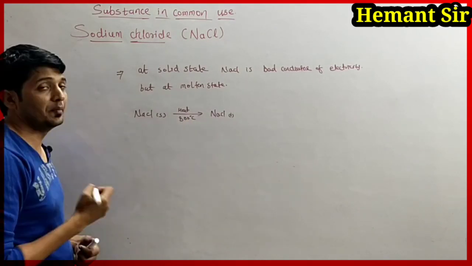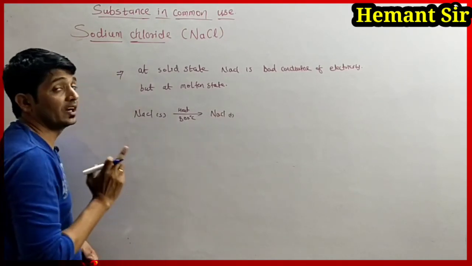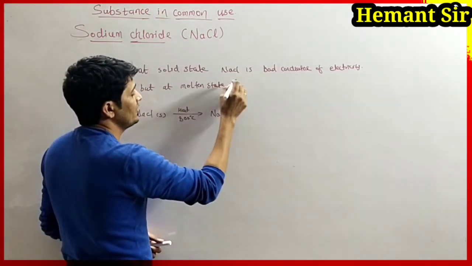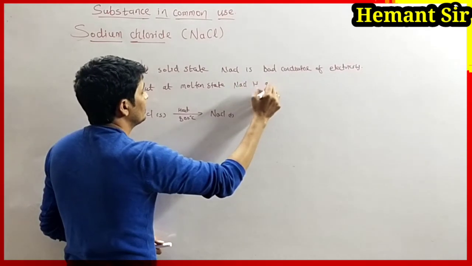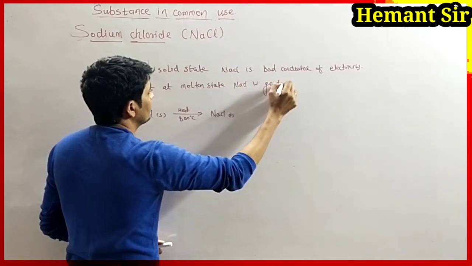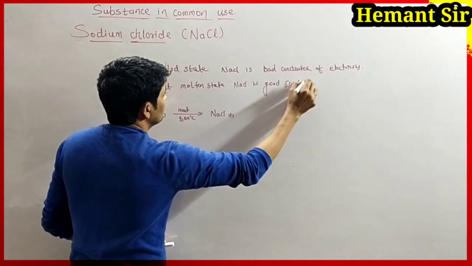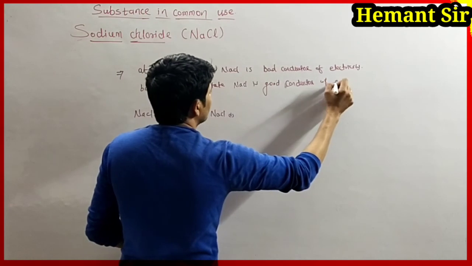Then it melts. The molten NaCl is a good conductor of electricity. So at a molten state, NaCl is a good conductor of electricity.